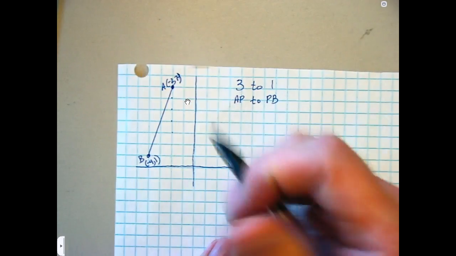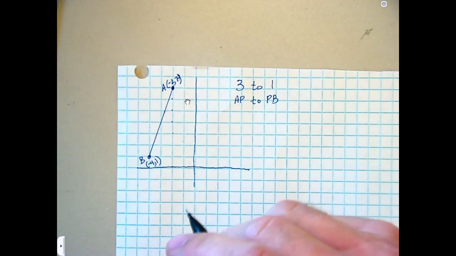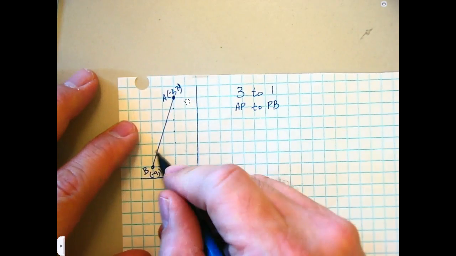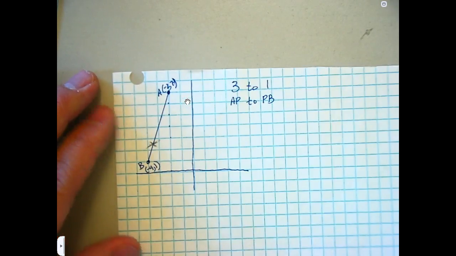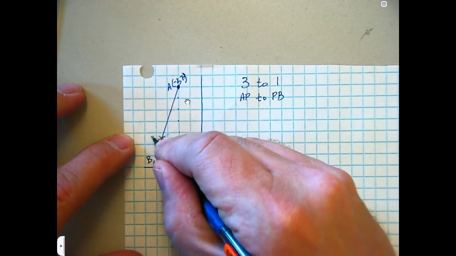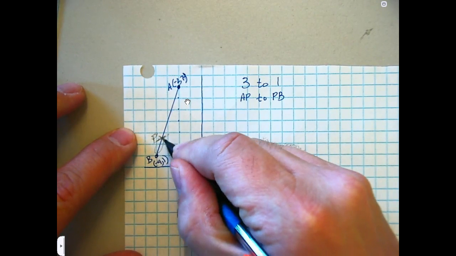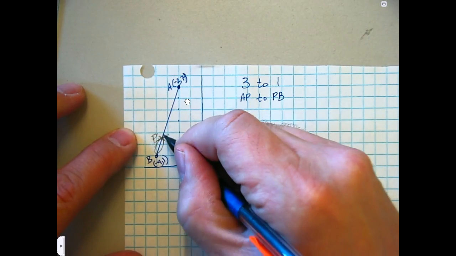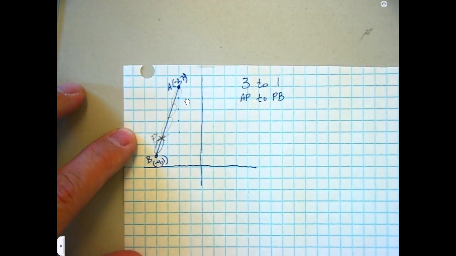Let me just put a point there. Now, you guys don't put this point because this is most likely inaccurate. I'm just going to put a point right there where that X is. If I called this point where the X is point P, it would say that it would take 3 of these lengths to make up this length. That's what it's saying.